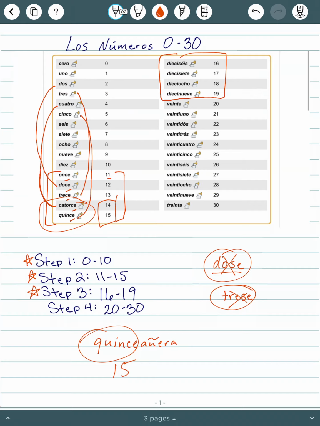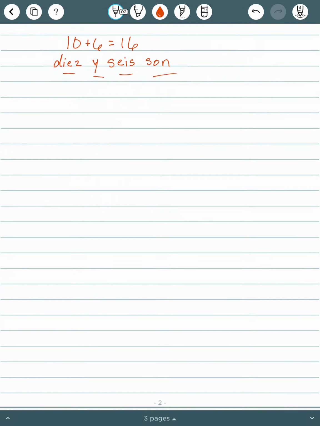And then let's look back at what 16 is. Diez y seis. That should sound familiar. Diez y seis son dieciséis. So all we did here is we took diez y seis, turned it into one long word, changed up the spelling just a bit. So we'll do the same thing for 17, 18, and 19. So 17 is 10 plus 7, so diez y siete.